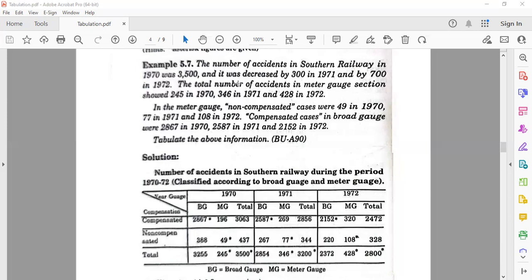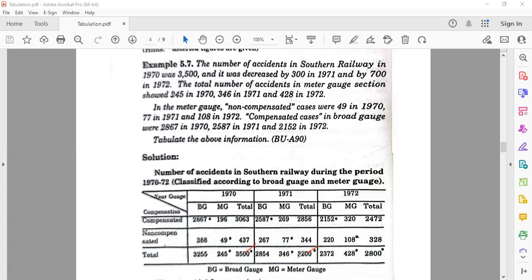The number of accidents in Southern Railway in 1970 was 3,500. So total accidents in 1970 is given as 3,500, and it decreased by 300 in 1971. That means 3,500 minus 300 will be 3,200 in 1971, and 700 in 1972.